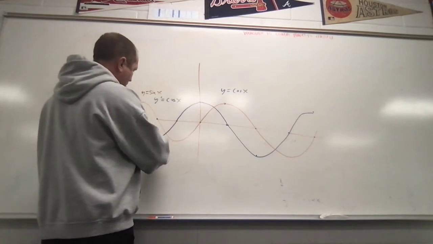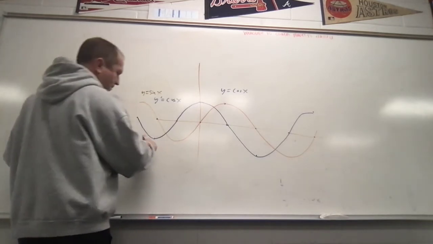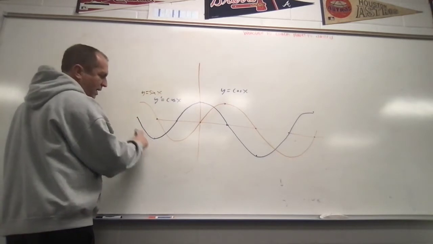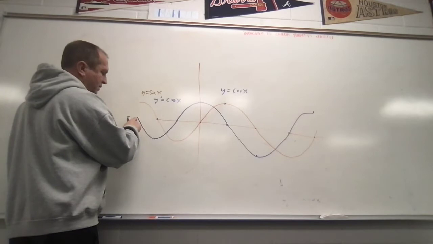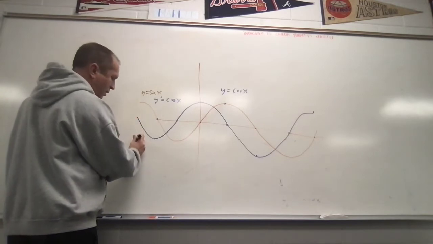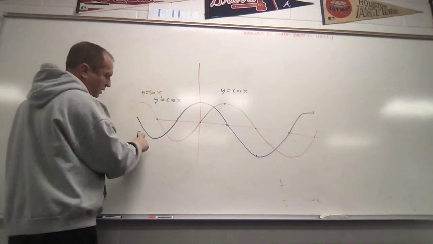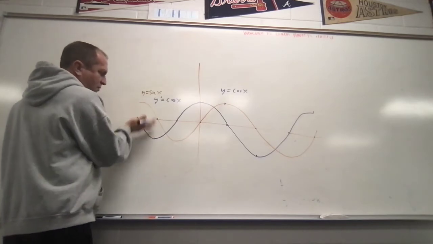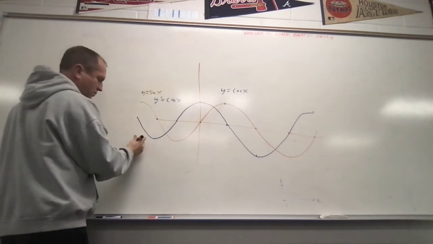Okay, my purple graph right here, I'm decreasing right here, right? So my slopes are negative, so I should be plotting negative points right here. This is steep at negative 1. But this doesn't match up here. And also I'm decreasing, so my slopes are negative, so they should be below the x-axis.